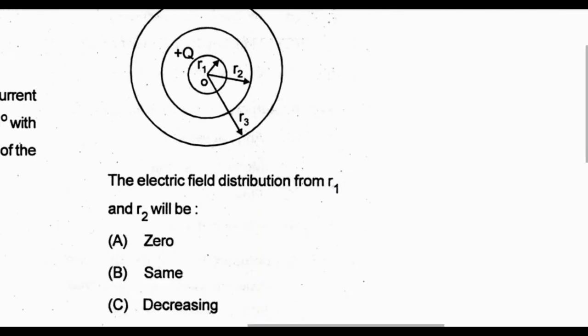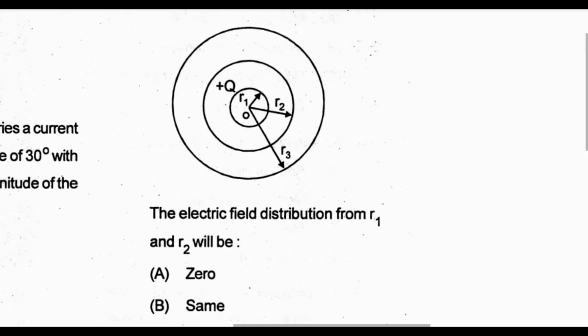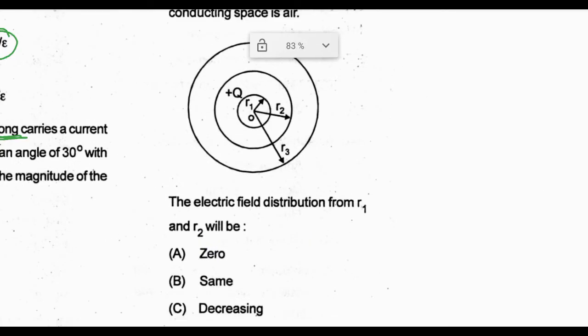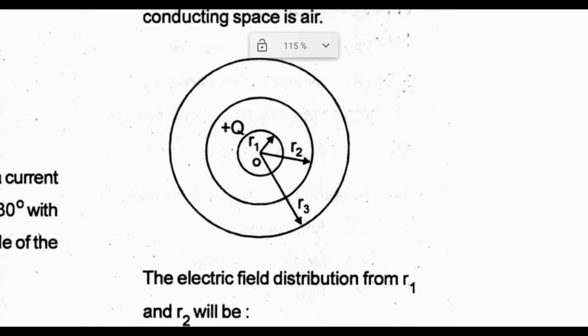So the electric field distribution from r1 to r2 will be. Here, what are we seeing, what is given in this question? This is a conducting sphere, this one having radius r1, having charge plus q, and again this is covered by a concentric sphere.